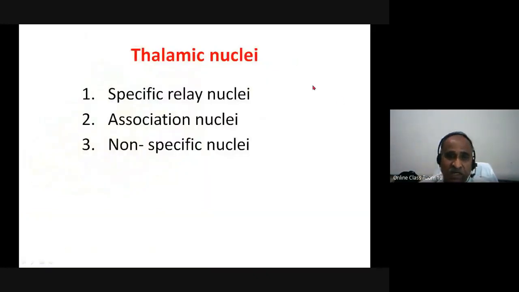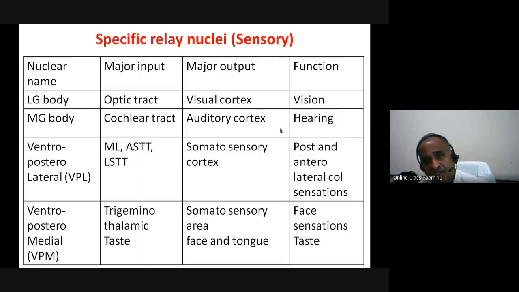Now, thalamic nuclei, we can define them as specific relay nuclei, association nuclei, and non-specific nuclei. Here in this table, I am trying to give the overall idea about the specific relay nuclei.